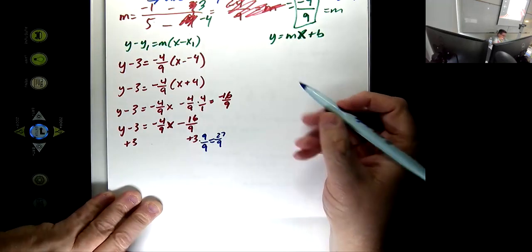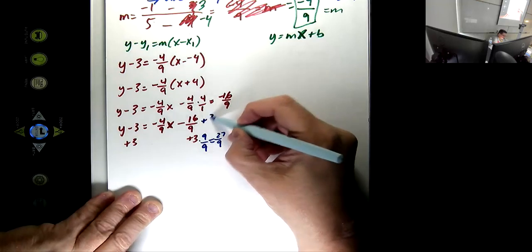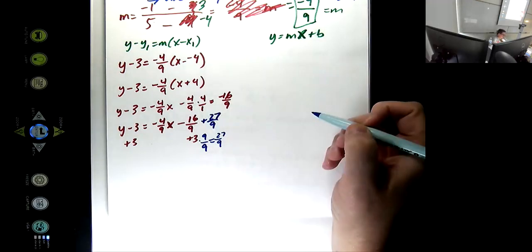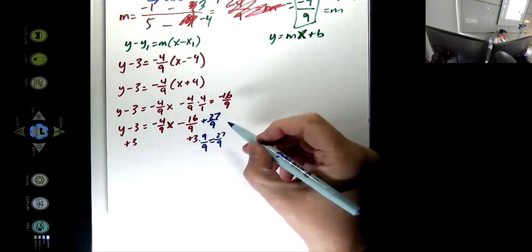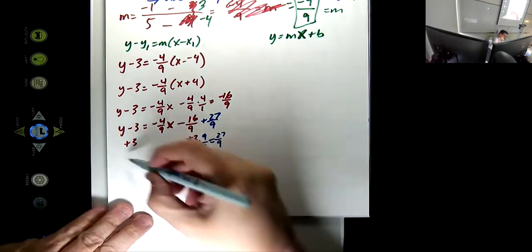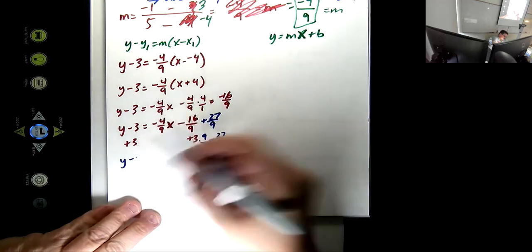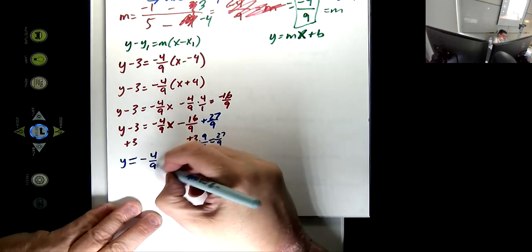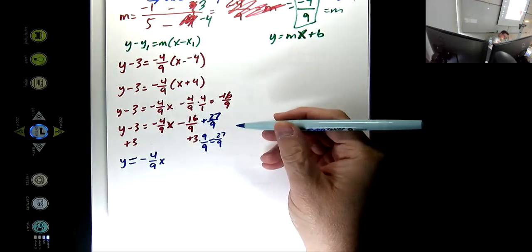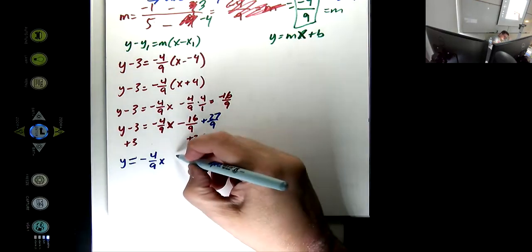That'll get the same thing, yes. I like how you're doing it, even better. The quick way is just to multiply by the common denominator. Get a common denominator, multiply by it. So we added the 3 already, so this is y. 27 minus 16 is 11.